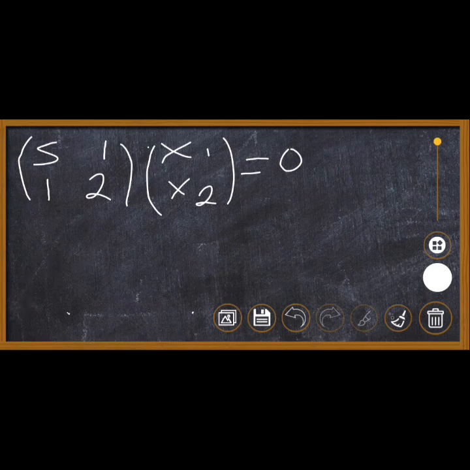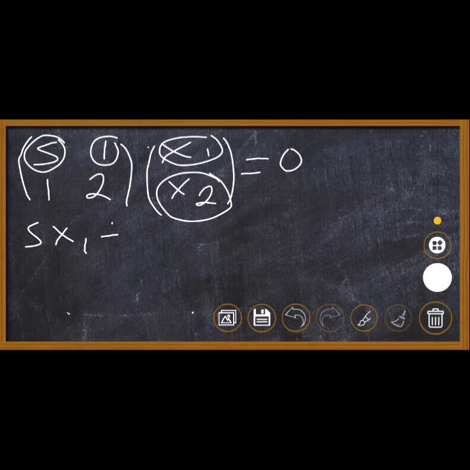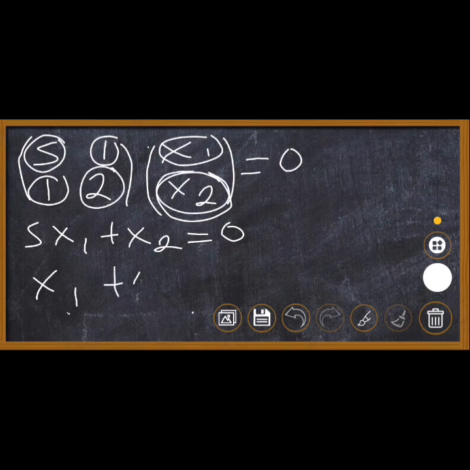Okay, so let's also get rid of this so that we can create space. So in this case then, how can we simplify this further? So we know that it's this multiplied by this, added to this, multiplied by that. So we are going to have 5x1 added to 1 multiplied by x2, which is just x2, equal to 0. And then down here we have 1 multiplied by x1, just x1, added to 2 multiplied by x2, it's 2x2 equal to 0. So this is a simultaneous equation.